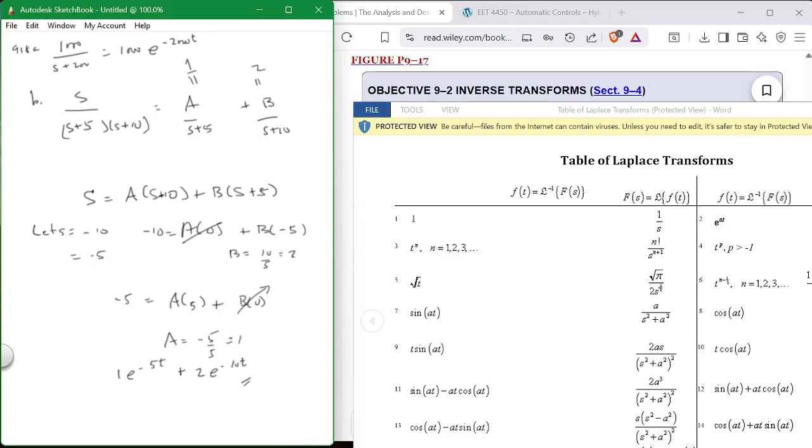It's pretty straightforward. Separation of variables, all right? Now there's more rules to separation of variables than this one, but this is the simplest one. The general rule of separation of variables is the numerator has to be 1 power of s less than the denominator. If s to the 1 is down here, you can't have an s term up here. If you had an s squared term down here, what would the numerator be? as plus b.